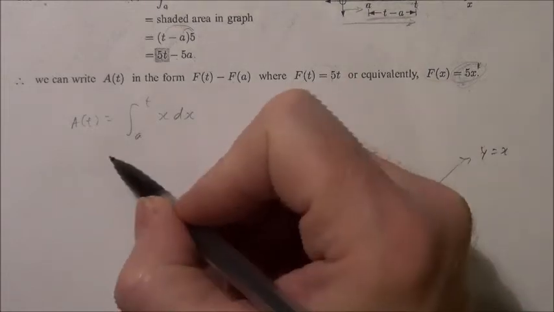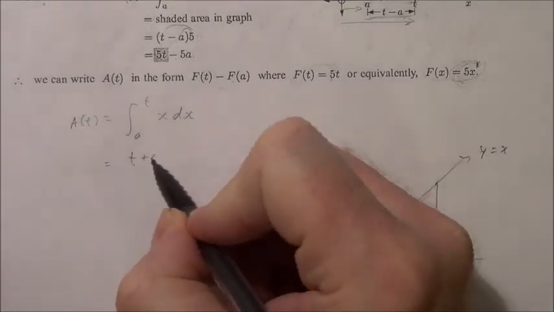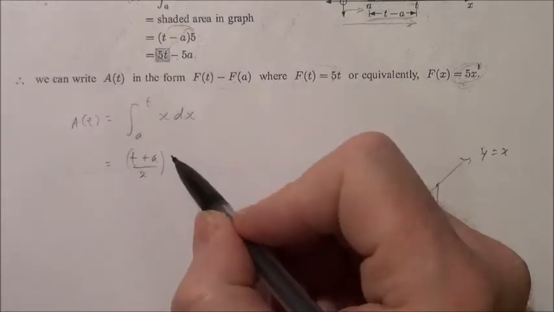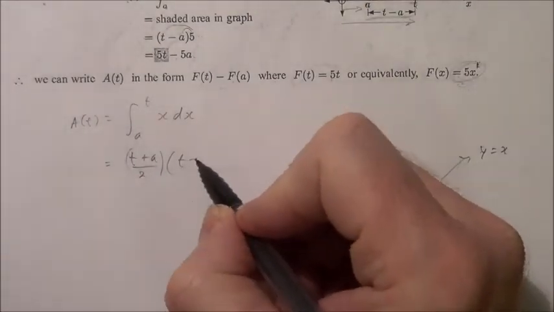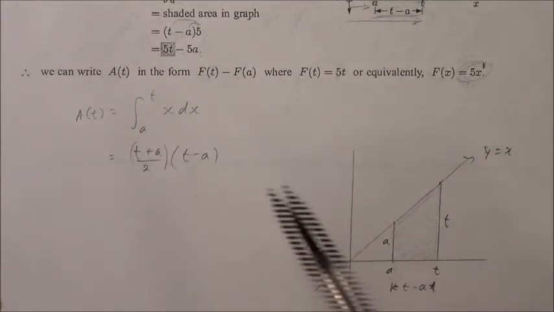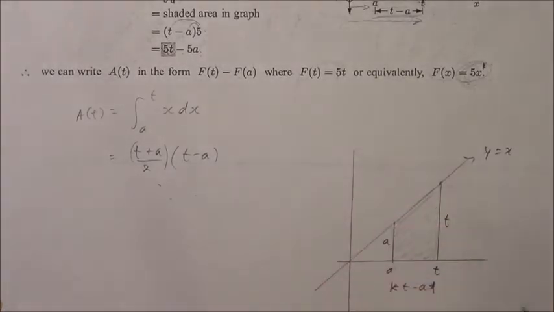And the formula for the area of a trapezium is the two parallel sides, t plus a, divided by 2, multiplied by the height between them, which is t minus a. So what I'd like you to do from that point, can you please continue on to determine an expression for f of x.